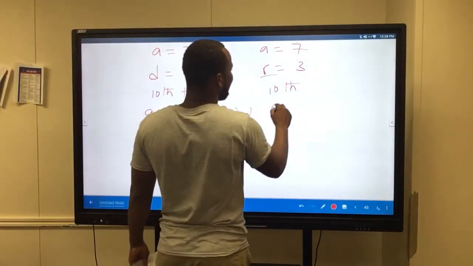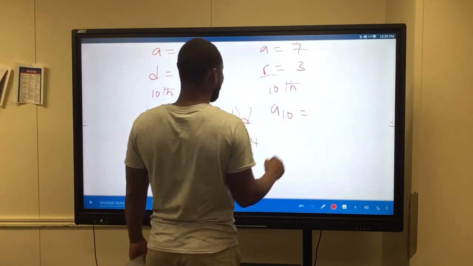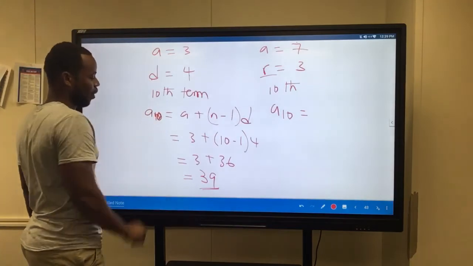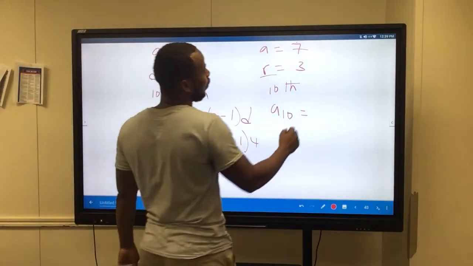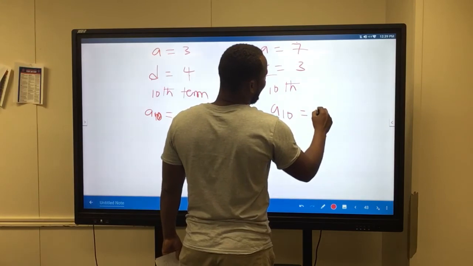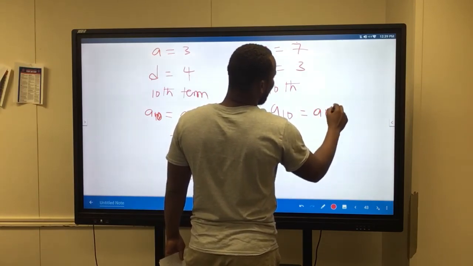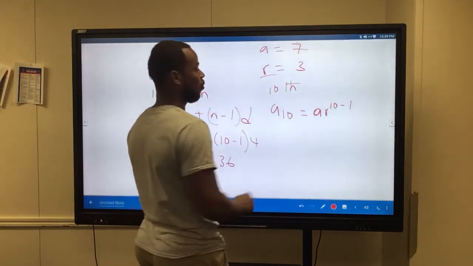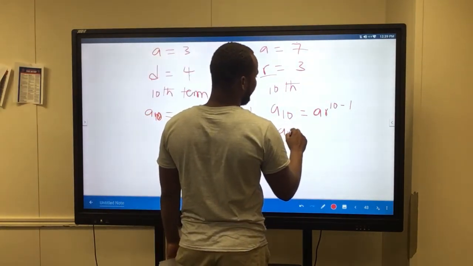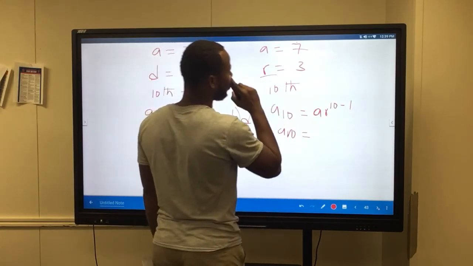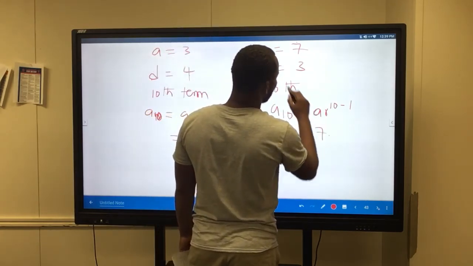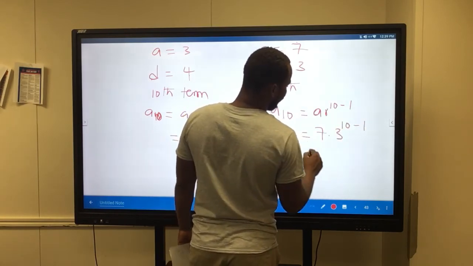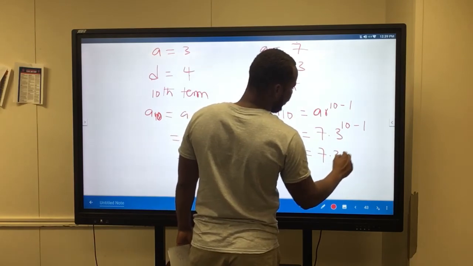So we have a_10, where n is 10. a_10 is equal to a r^(10-1). If you notice the formula, a_10 will now be equal to, what is my a? 7 times, my ratio is 3, to the power 10 minus 1. So this is equal to 7 times 3 raised to the power 9.